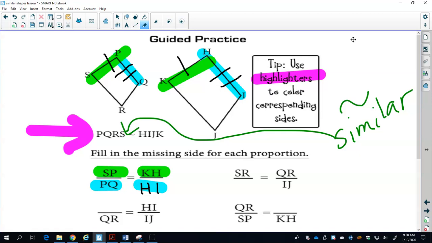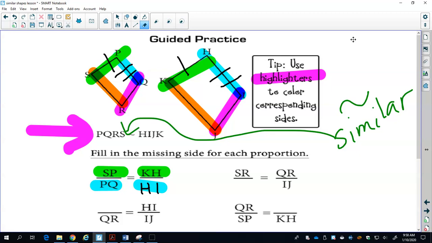So let's look at the next one, SR, and let's use a different color if you have it. Highlighter, so I'm going to use orange. So I'm going to say SR, and SR is going to go with KJ. And then I'm going to go ahead and do the third one. I'm going to use purple. RQ goes with JI, or QR.